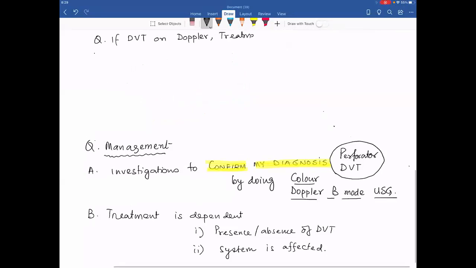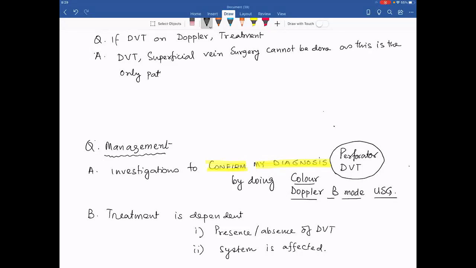The answer is, in presence of a DVT, superficial vein surgery cannot be done, as this is the only pathway of venous return.